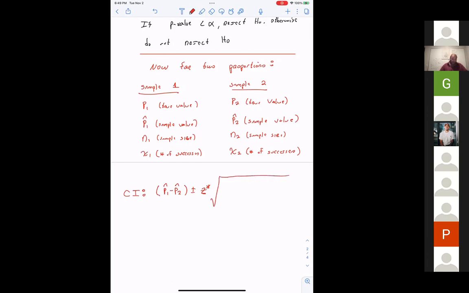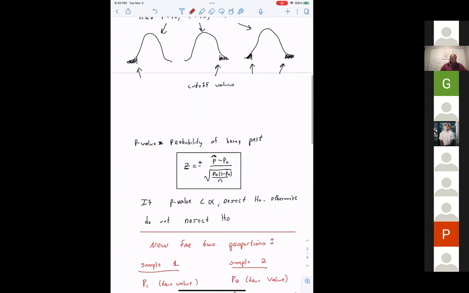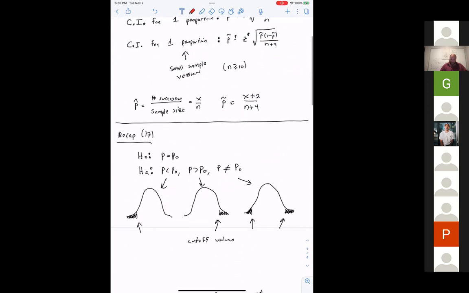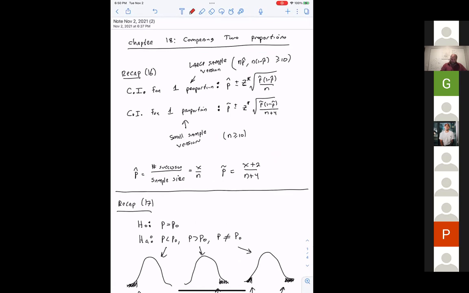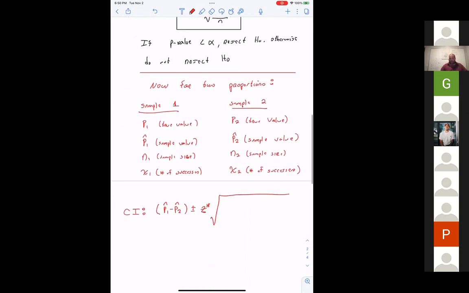Now, for one proportion, our standard error was the square root of P hat times 1 minus P hat over N. That's not going to work here because we have two proportions. So which one will we use?